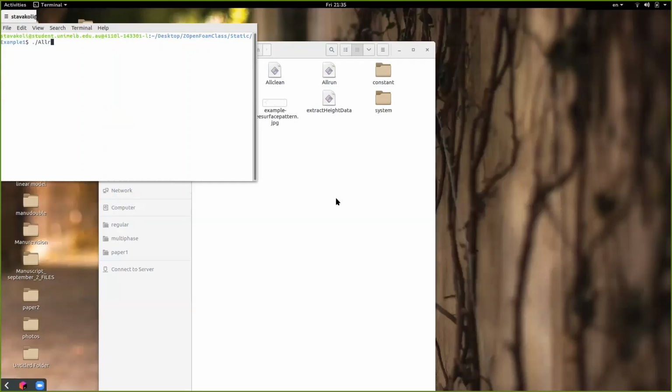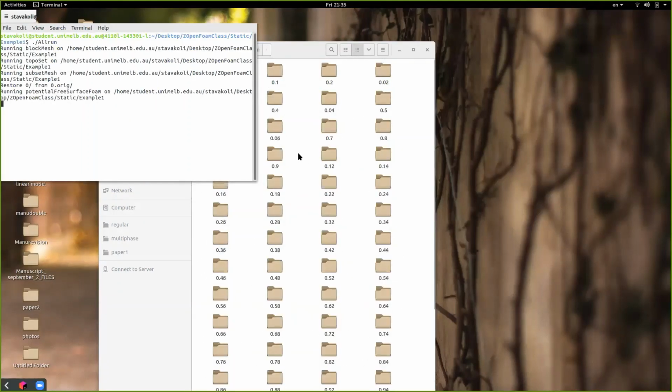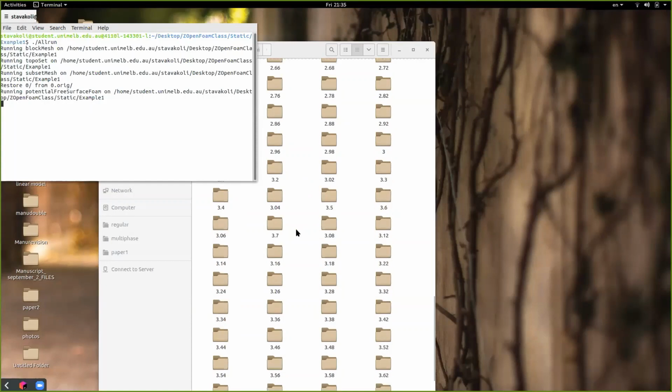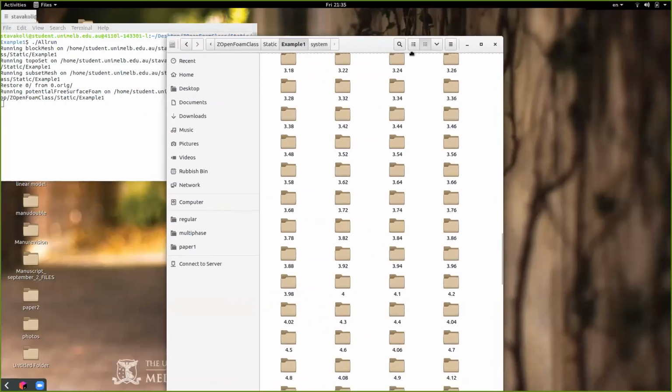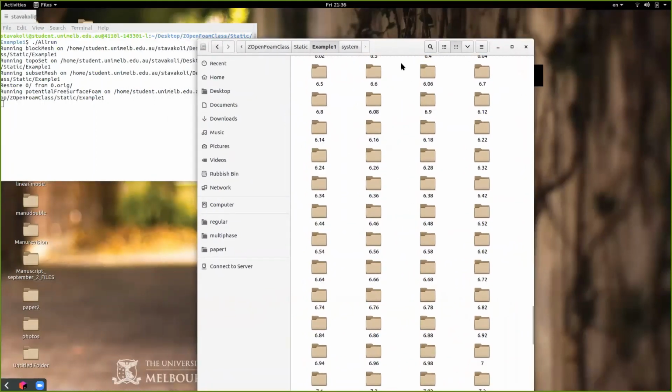So what I do is just run all, and the problem runs, and you can see how fast this simulation is, because it's just a single phase flow. It's very easy for my machine to solve the problem. It's not even parallel.